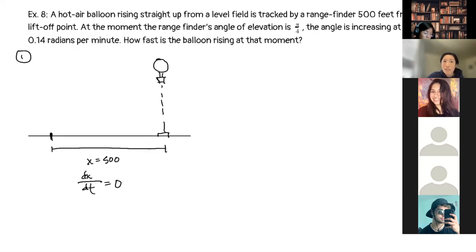All right, now we know some stuff about an angle of elevation. So we want to think that this rangefinder is watching this balloon go up in the air, and it has an angle of elevation. At that particular moment, it is pi over 4.